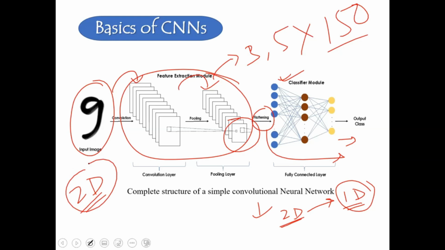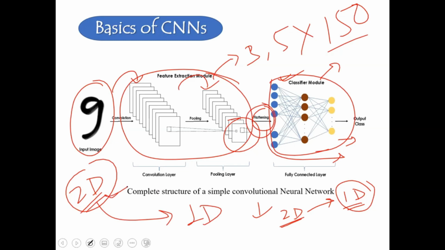But in the case of this classifier module, it is simply an ANN, right? An artificial neural network or multi-layer perceptron. So the input should have one dimension only. So for making the 2-dimensional feature maps 1-dimensional, one function is there, that is flattening. It will just convert the 2D feature map into 1D.